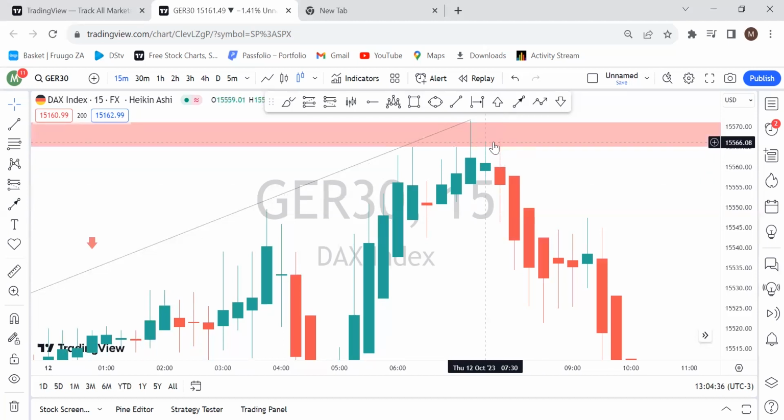It bought a little, but then the wick at the bottom compared to the wick at the top, you can see it's bigger. That shows you a bit of information like, okay, it went down more than it went up. Okay, fine. Let's wait for the next candlestick to confirm this current candlestick.